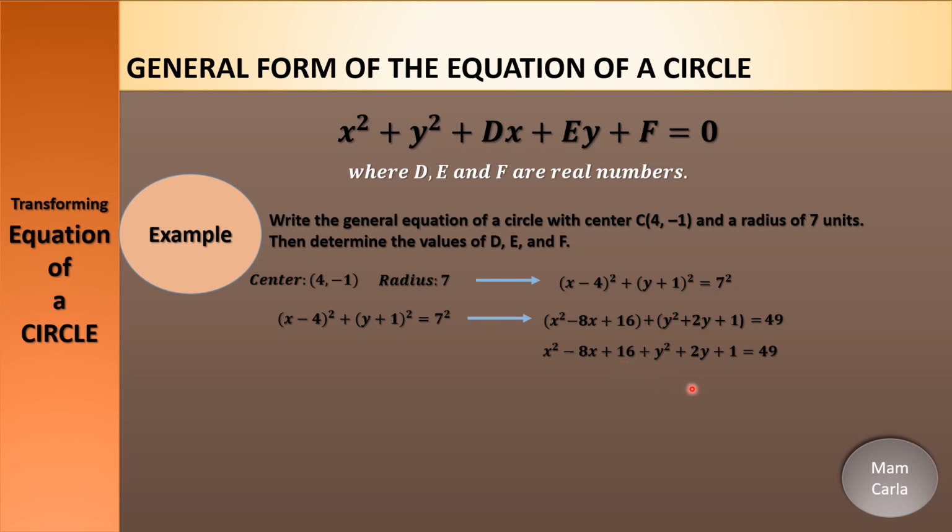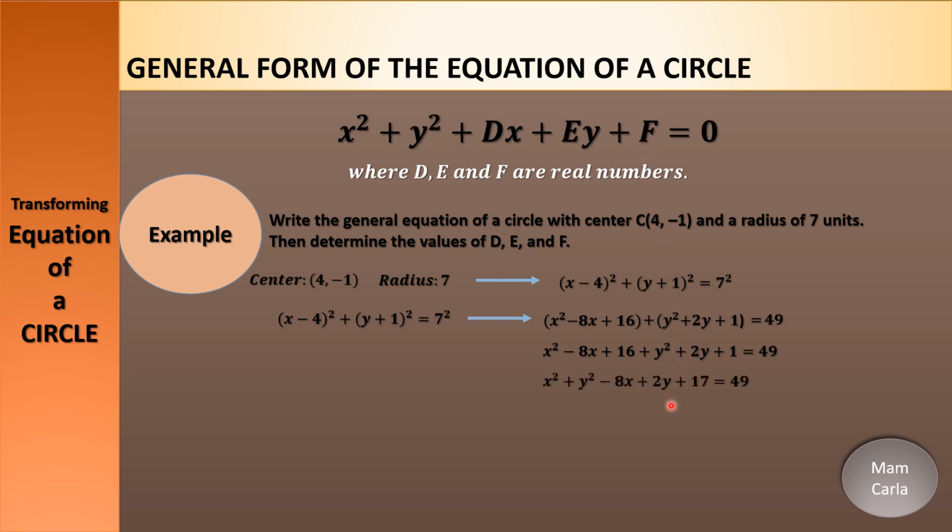And then for the next line, we need to add 16 and 1, or combine the constant terms, and then arrange in such a way that the first term is x², the second term is y², the third term is the term with x, the fourth term is the term with y, and the last term is the constant term.